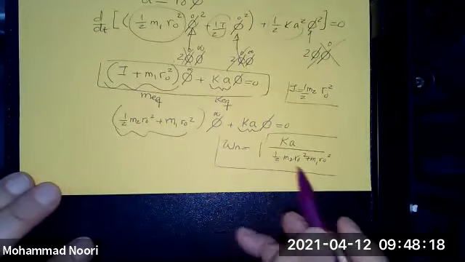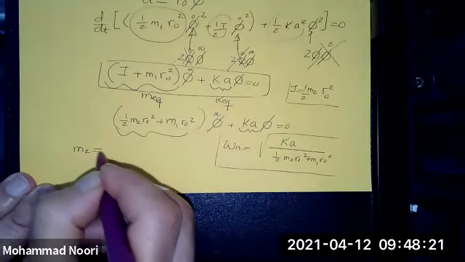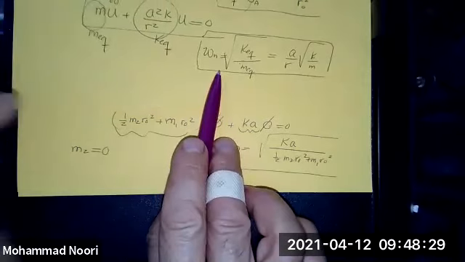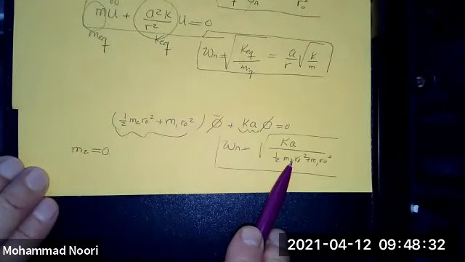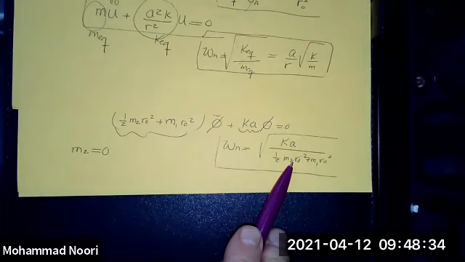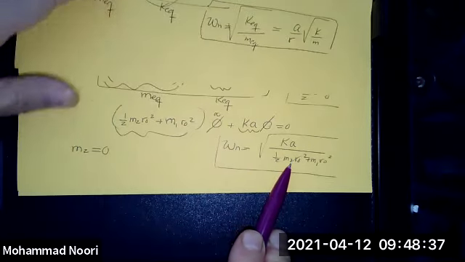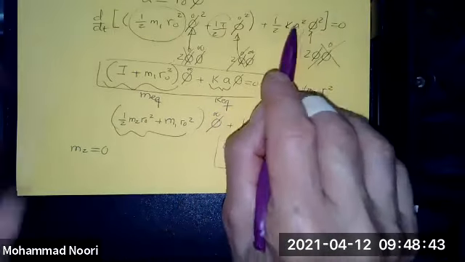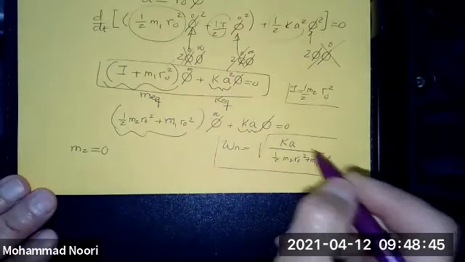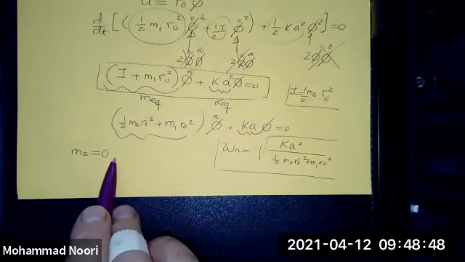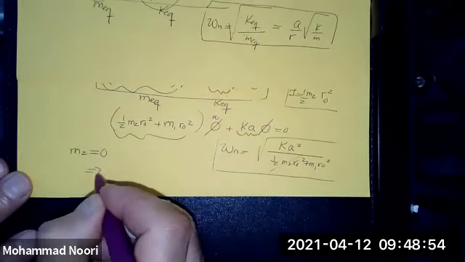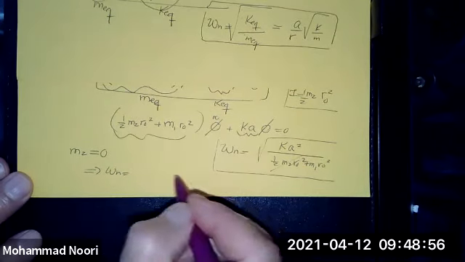Now look at this. If I put M2 equal to 0, which is a problem I did earlier, you remember that problem? Oh, I'm sorry, this is going to be A squared here. If you put M2 equal to 0, this term would cancel out and omega n would be what?